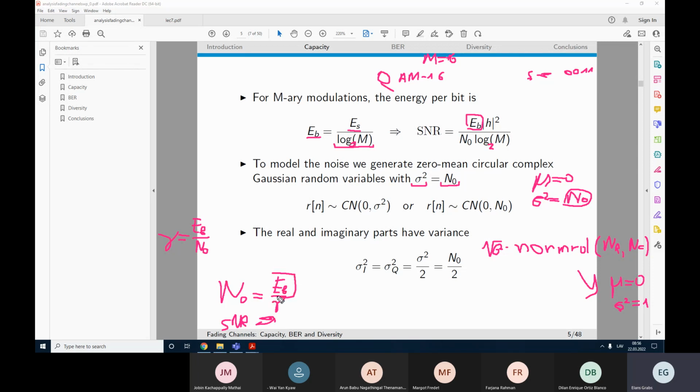And energy of bit can be calculated for our signal, because we can calculate the energy of each symbol of our QAM16 modulation. And then we just calculate the average energy of all 16 symbols. So basically we calculate the energy for this symbol, for this symbol, for this, and all the other.